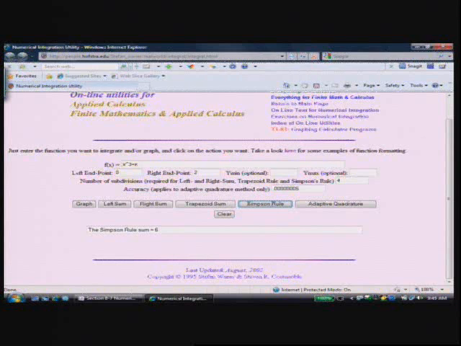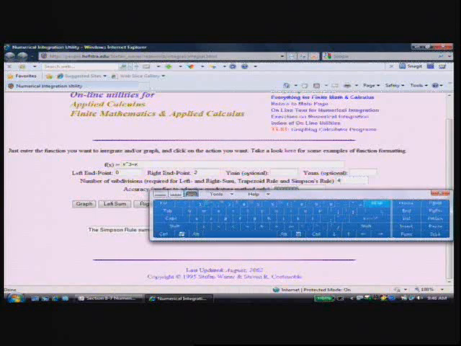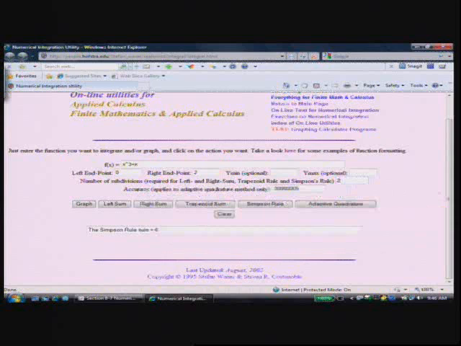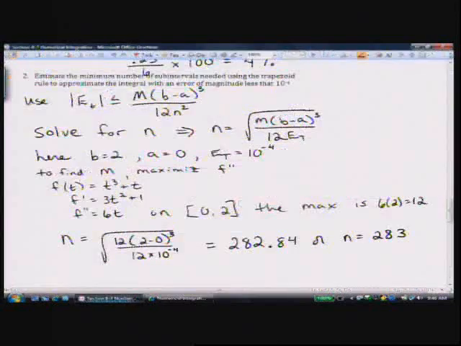Now remember, Simpson's Rule requires n to be even, so my only option less than 4 would be to have 2 subintervals, and it turns out that if I put a 2 in there and then do Simpson's Rule, it's also 6. Okay, so let me show you the math behind that.